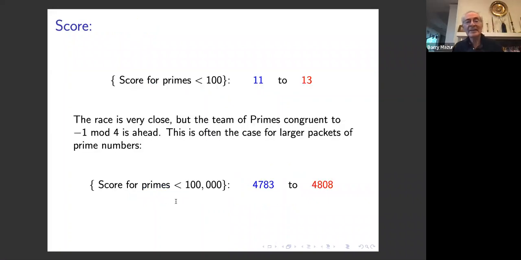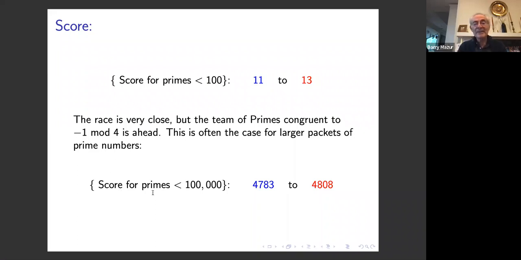The score so far for those primes less than 100, there are 11 blue ones to 13 red ones. There are a tiny bit more primes congruent to -1 mod 4 than primes congruent to +1 mod 4. Right, the race is very close. The primes congruent to -1 mod 4 are ahead here. And that's often the case for larger packets of prime numbers.